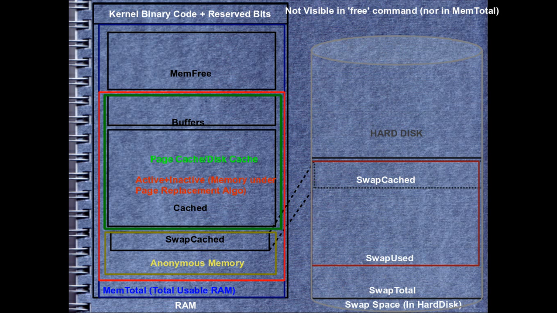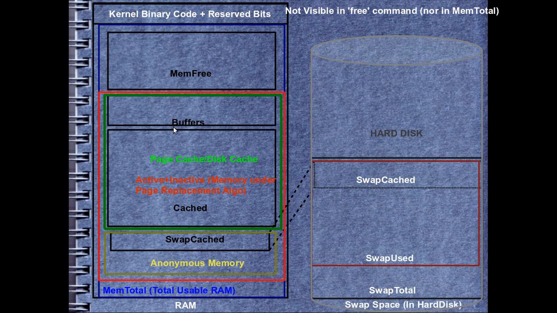So it could be anonymous or it could be non-anonymous. Anonymous means it's not backed by the file storage, and non-anonymous is the one which is backed, or which is memory mapped, which is backed by some file in the hard disk.